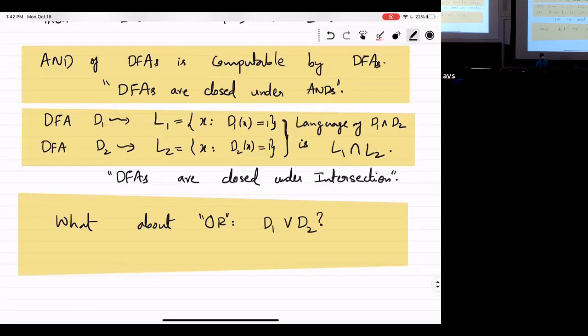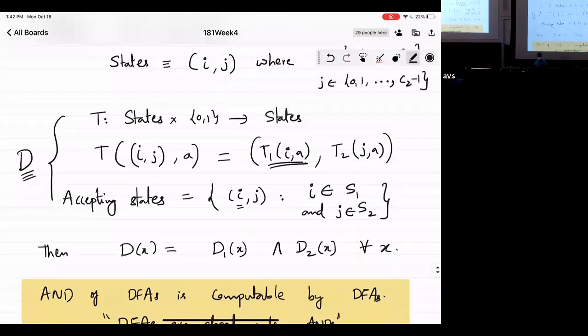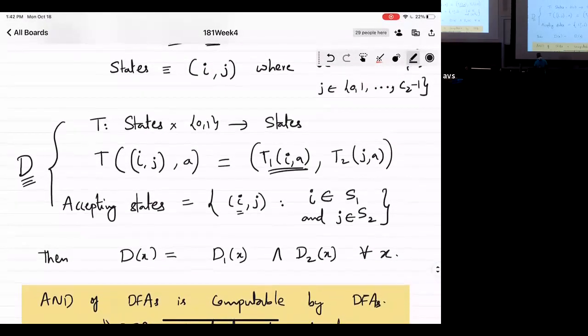If D1 and D2 are two DFAs, what if I want to compute the OR of the two things as a DFA? Can I do that or can't I? If I want to do it, what should I change in this construction? Any suggestions? Yeah?